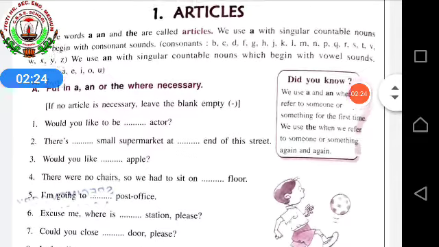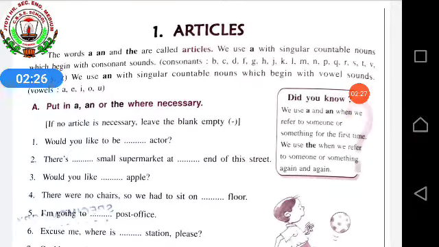I'll be reading the book content. Grammar, first chapter, articles. The words a, an, and the are called articles. We use a with singular countable nouns which begin with consonant sounds. And what are those consonant sounds?